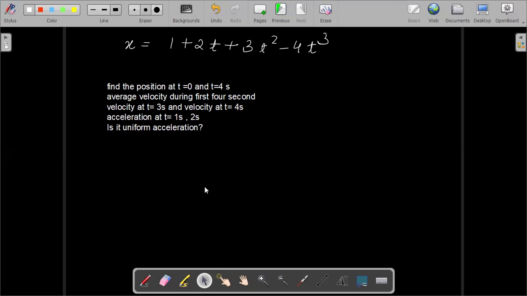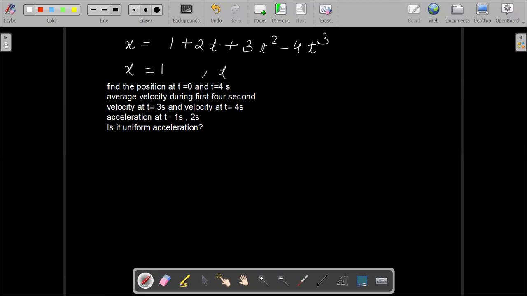Sir, so first one I'm getting x equals 1, sir. Okay, in the initial one, if you put t equals 0, you are getting x equals 1.